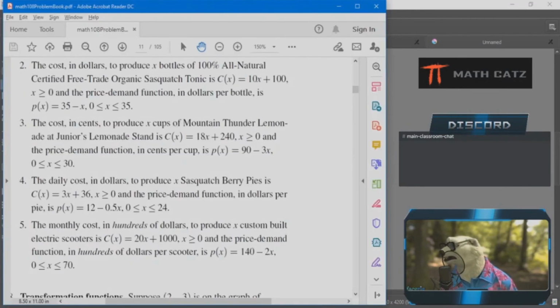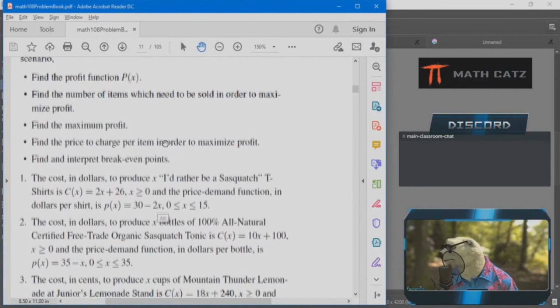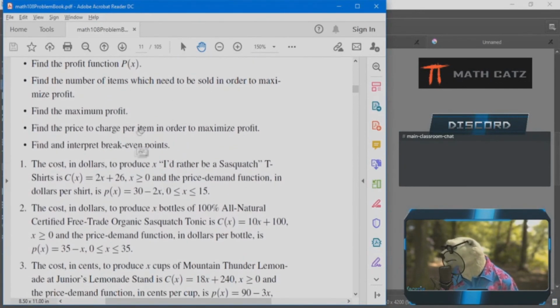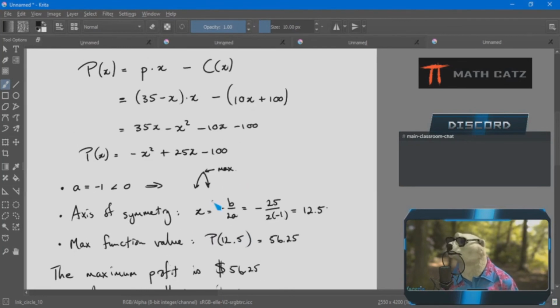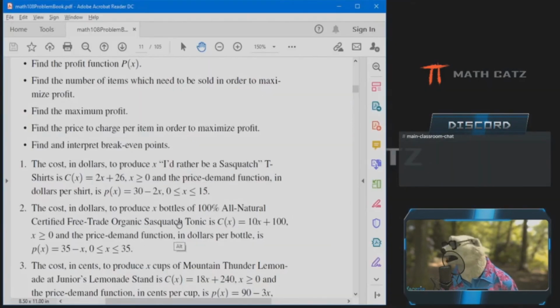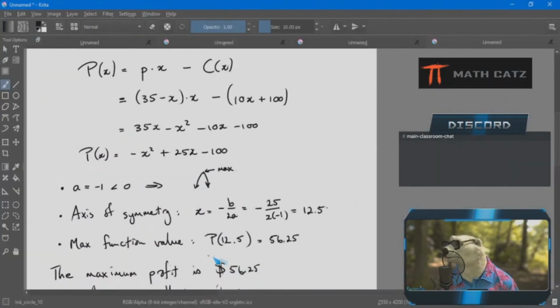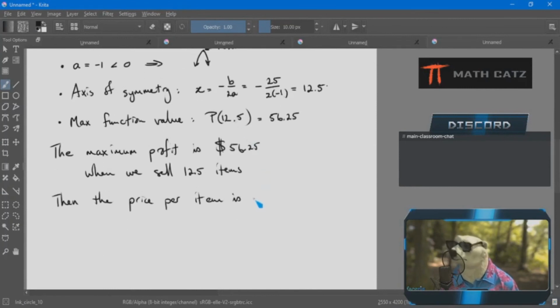So that was the first part: profit function, number of items, maximum profit. What is the price that would go with it? Or let's say then, the price per item is, well, my little p is the price depending on the items. That was 35 minus x over here. So 35 minus x is simple enough.